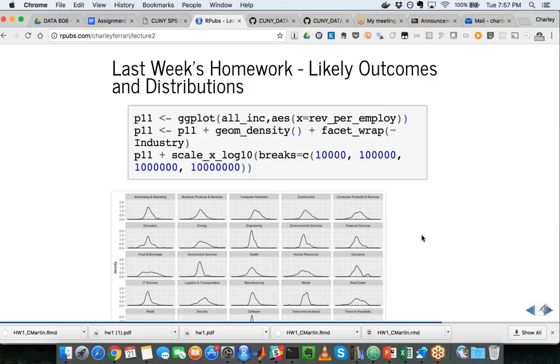Although the thing to note about a choropleth map is you wouldn't be able to get any information about the distribution like this. Something like that is meant as a kind of summary visualization.